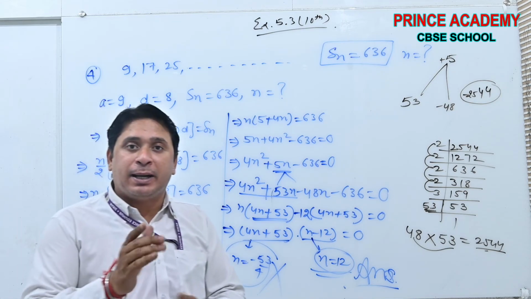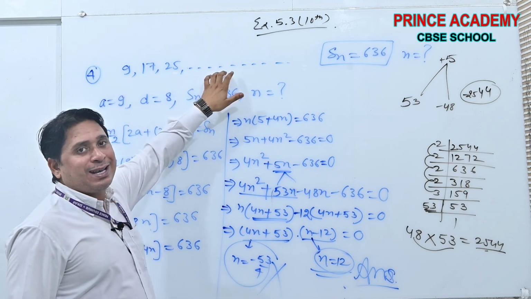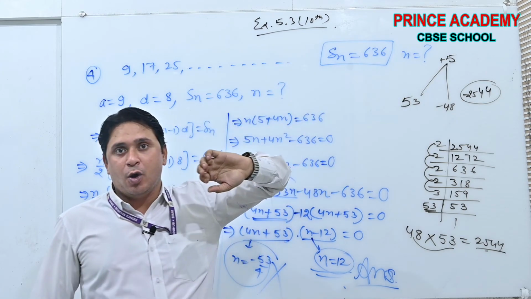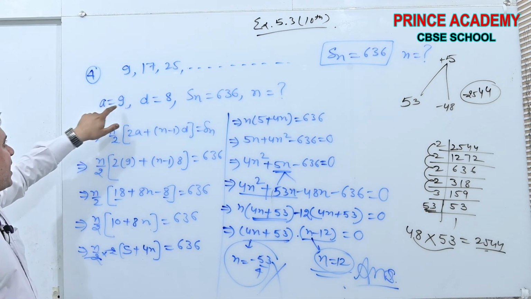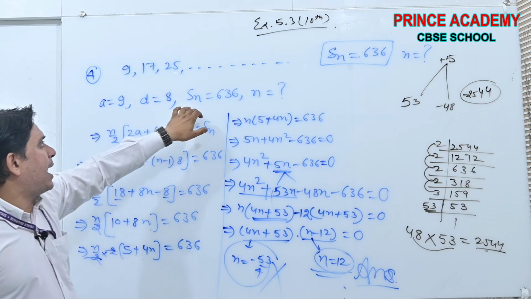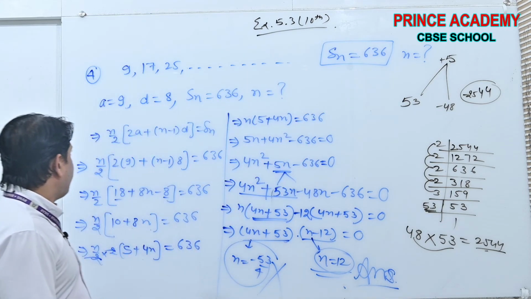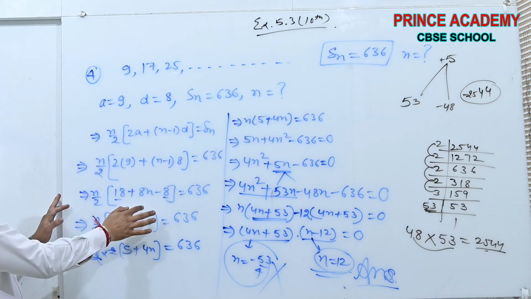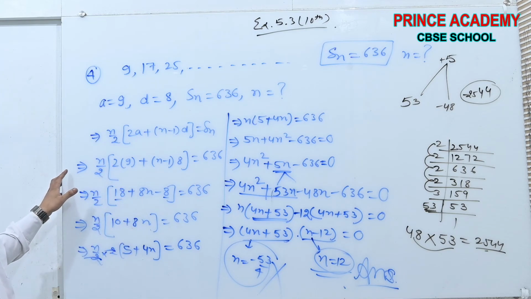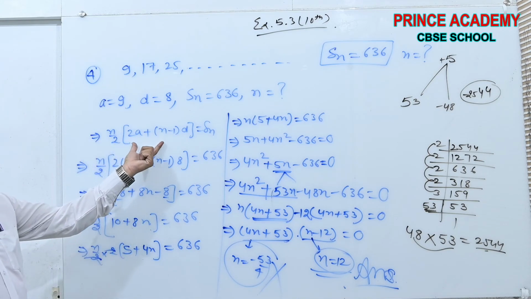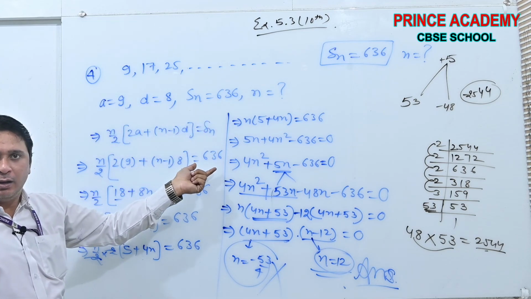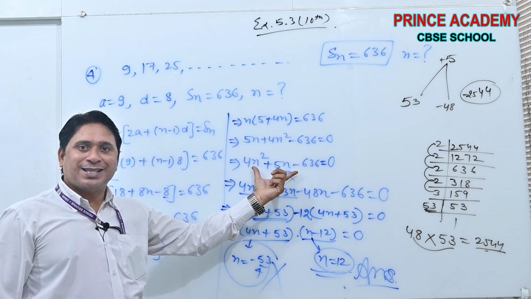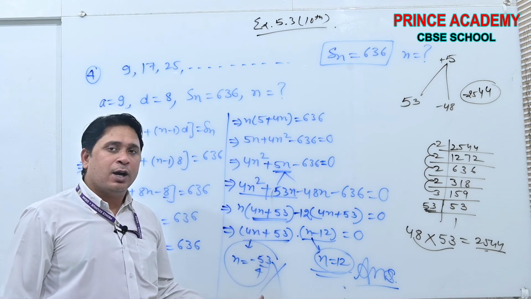Once again I am repeating beta. Here an AP was given, sum of some terms was given, and it was asked how many terms are making this sum of this AP. From here A is this, D is 8, Sn is given, and we were to find n. We put the value of these variables in the equation, and we got a quadratic equation, that's why we solved it by factorization.